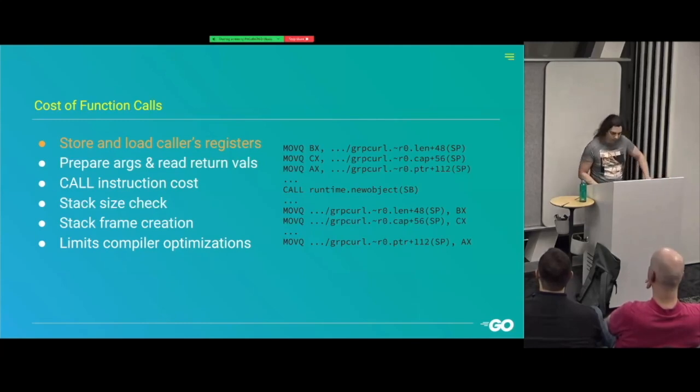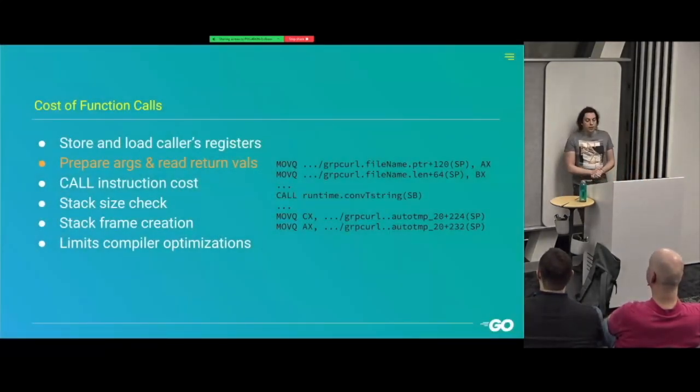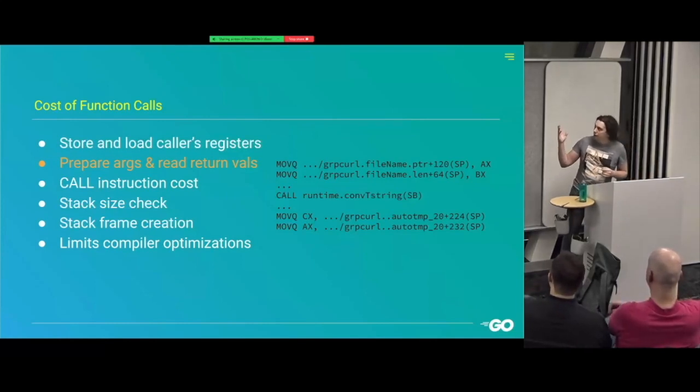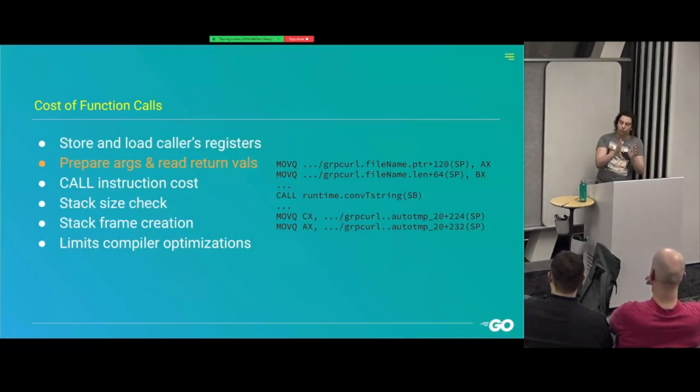Feels obvious. The second thing is preparing arguments and reading return values. Since some version of Go, I'm sorry, I don't remember which exactly, we have a register calling convention. When you call a function, you pass your parameters in registers defined by the ABI, so they are the same for all functions. The first parameter is always in the same register, with some nuances. The function knows that the first parameter is in this register and the second parameter is in that register.